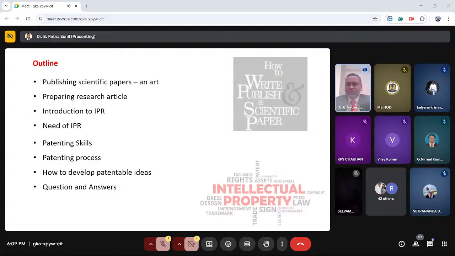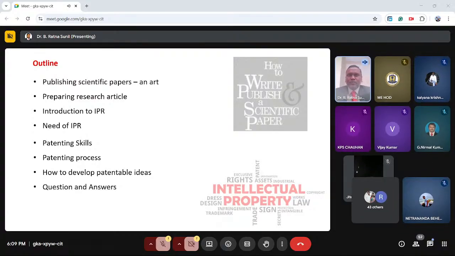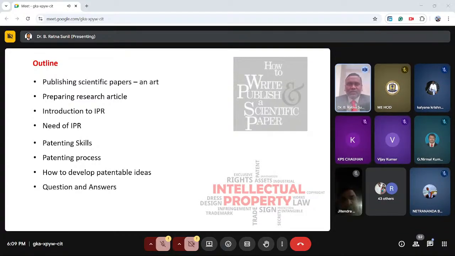So in this connection, today I would like to briefly present these two topics, publications and patents, and how we can increase them. Probably some of you have already published a few scientific papers in indexed journals, and some of you have already filed patents. However, I consider myself as giving a talk to interested academicians who would like to know a few more points in connection with publications and patenting.